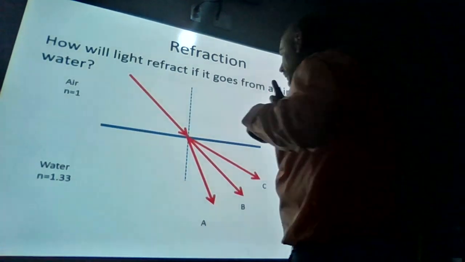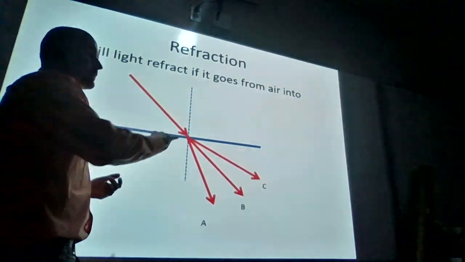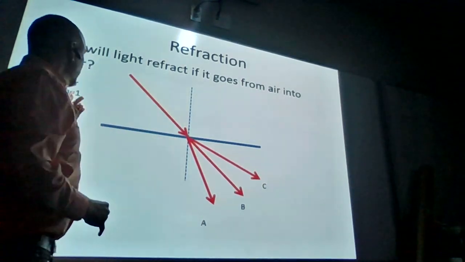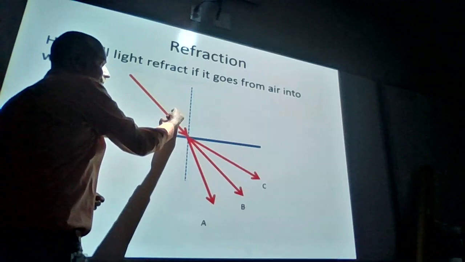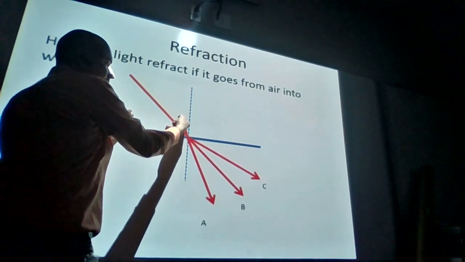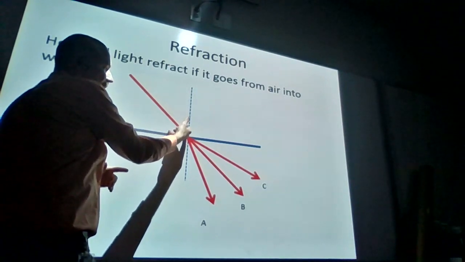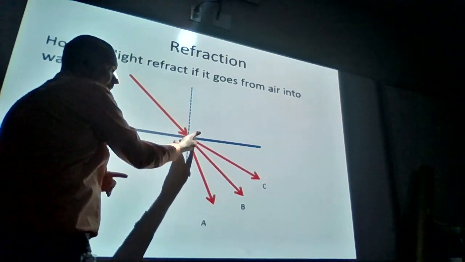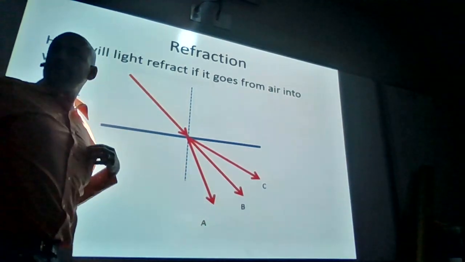Here, looking at the wheelchair analogy, going from air into water, you're going fast. So it's going on the sidewalk, and then going into the grass. This wheel is going to turn first, slow down, bends towards the normal line.